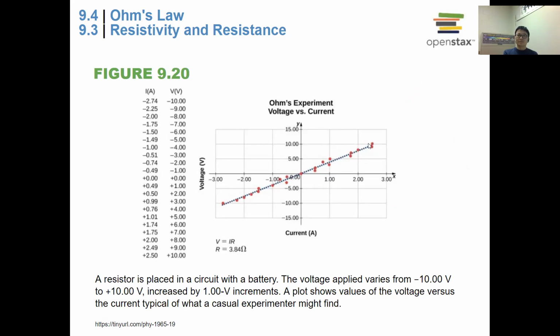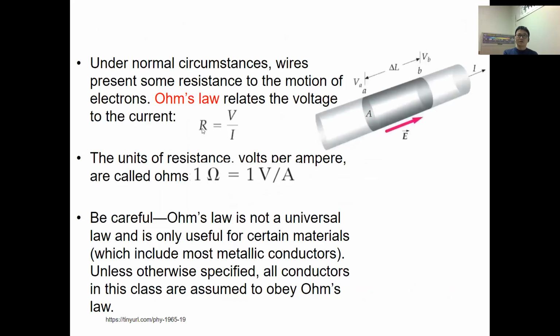So if you do V over I, it gives you R, or you do I times R, that gives you V. So V = IR. That's basically Ohm's law, or R = V/I, okay? So R is the resistance of the conductor and has an SI unit of ohms, which is equal to 1 volt divided by ampere, okay?